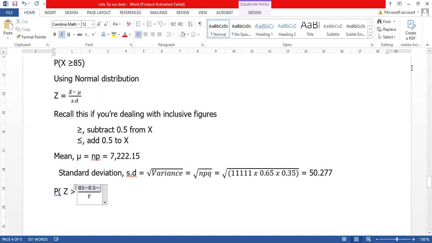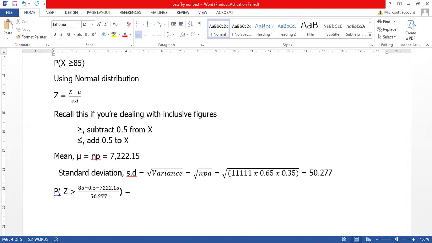Then minus what? Minus the mean. What is our mean? 7222.15 over what is our standard deviation? 50.277. When you simplify, what do you get?